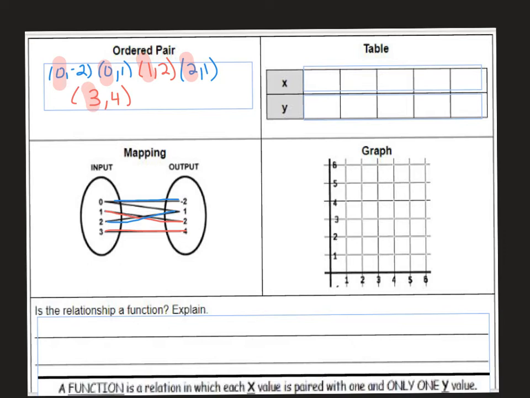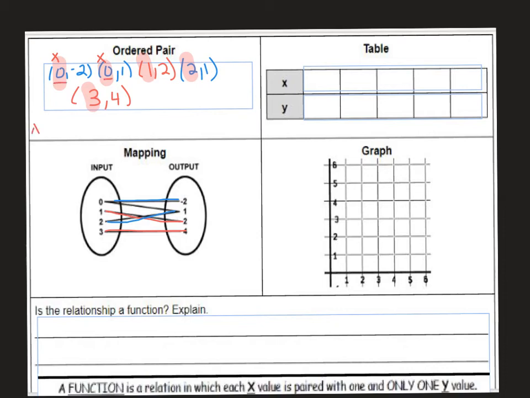I had just taken from the mapping diagram all of the ordered pairs and asked you all to highlight all of your x coordinates. If you look at the x coordinates, you can now see that they are repeating. There appears to be a repeater there. If I look at my x coordinates, I can see that 0 is assigned two values.